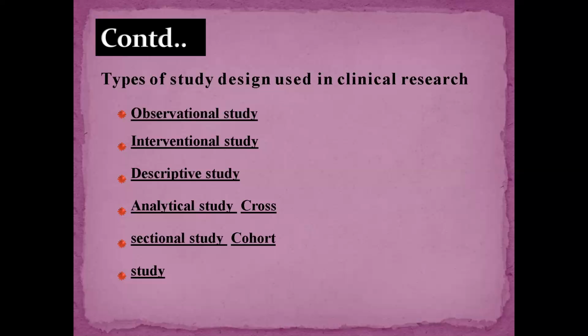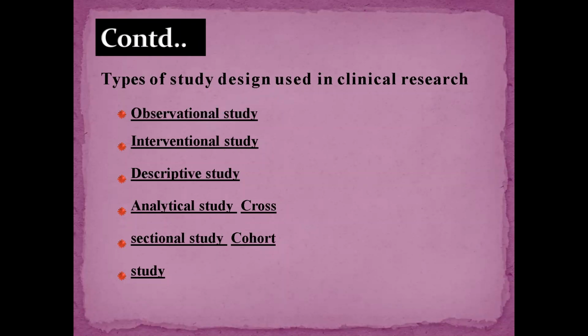Like how many people are affected with coronavirus today. For today, what is the status of the coronavirus? Then you do a research and find out. So at this particular point of time, how many people are involved? Such kinds of studies, we call cross-sectional studies.